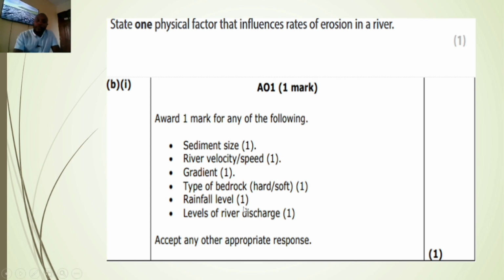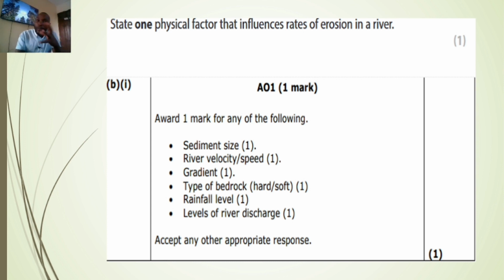Rainfall level, when you have a high amount of rainfall, it is going to cause a high amount of river discharge, which is going to cause more erosion. Levels of river discharge, the same thing actually. All these things are the same, because they can also influence deposition. Don't forget that. I need you to understand them and be able to explain each and every one.